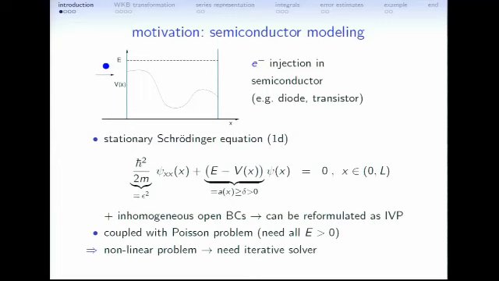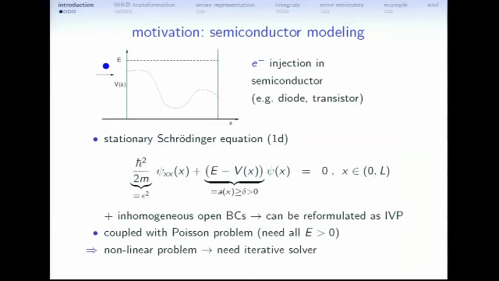Because these boundary conditions are linear and we have a linear equation, we can reformulate this system as an initial value problem. This will be the reason why in the following talk I'm concerning only initial value problems.